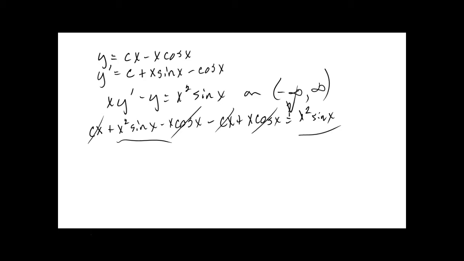Now, what does that look like? And that's what the picture at the bottom does. So you look at several different c's. When c is equal to 0, it would be y is equal to minus x cosine x. When x is equal to 0, certainly that would be 0.